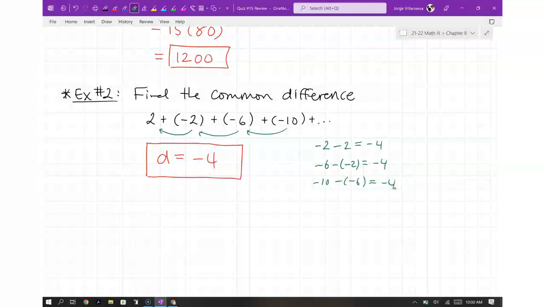Remember, it's called the common difference. They should all be the same. Okay? So, there you go. There's only going to be one problem like that on your quiz, unfortunately. So it's an easy one. I figure that's why they're doing it. But there's only one like that. It's actually going to be a little easier than this, I think. I made this one a little harder because I put negatives in it.